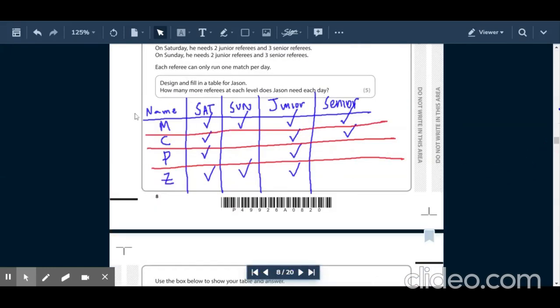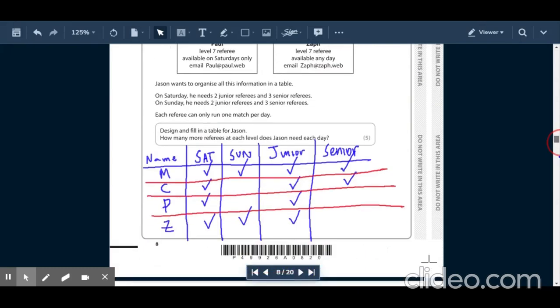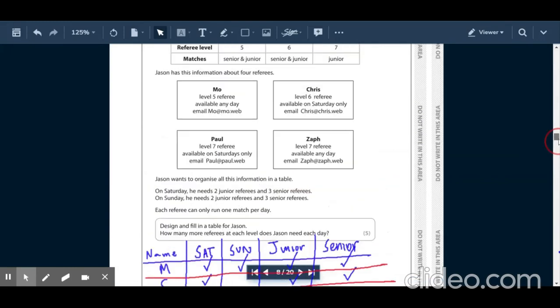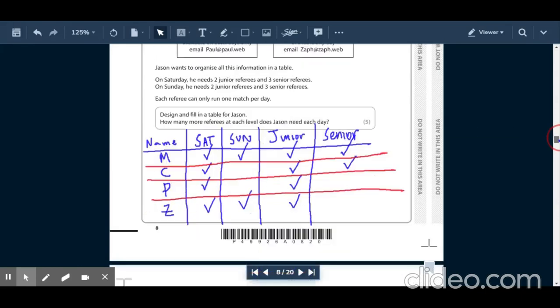So I've got a table here. I've got their name, so I've just abbreviated. So I've got M, C, P, and Z, which is just for Mo, Chris, Paul, and Zaf. And then I said, can they work Saturday? And then I've looked at each one, and if they can, I've ticked it. So they're all available on Saturday. And then I've looked at Sunday. Chris and Paul can't do it. And I've looked at their levels.